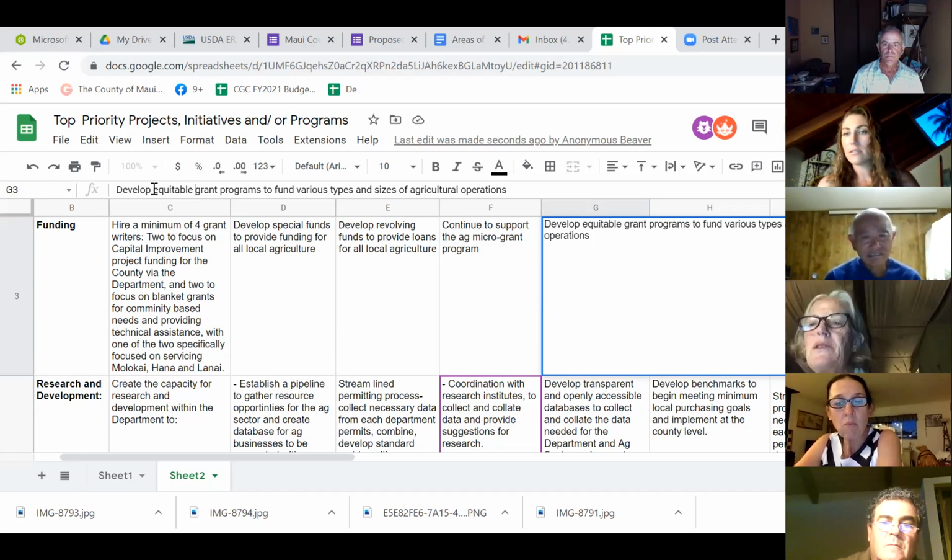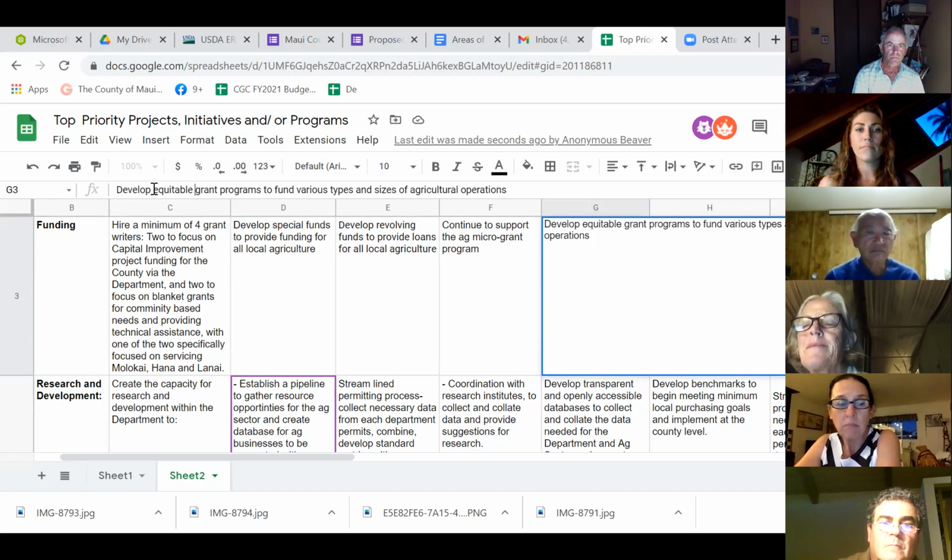Is it possible to split that between conventional and organic farming to make sure the organic farmers are getting a fair share of the funding? You want to split it 50-50? I don't know how we would be fair.